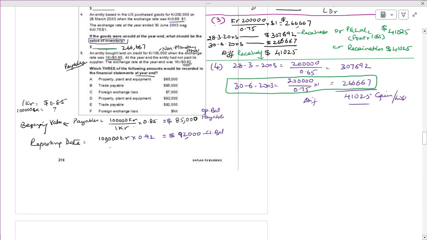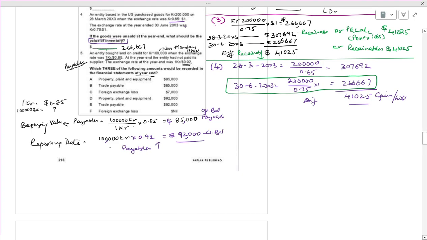Which three of the following amounts would be recorded in the statement of profit or loss? Do you get a profit or a loss here? Are you paying more or paying less? Payables are increasing.